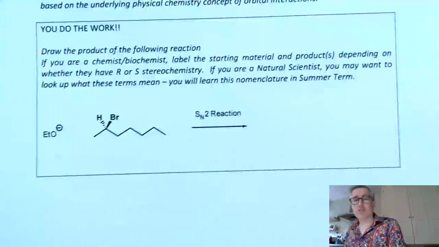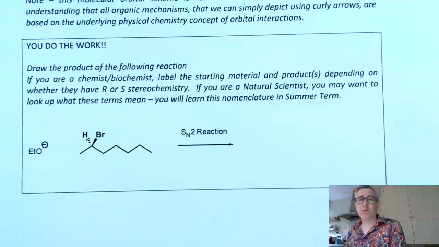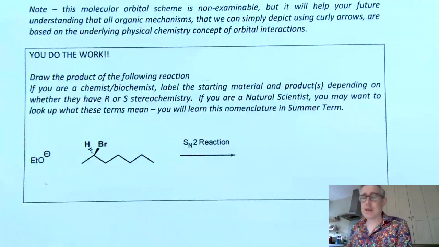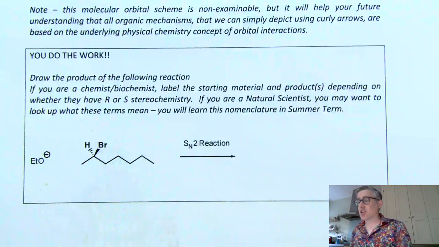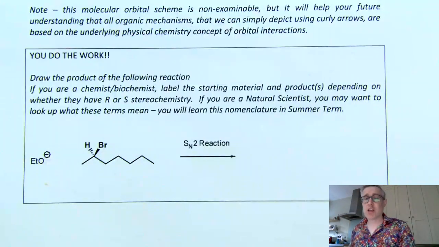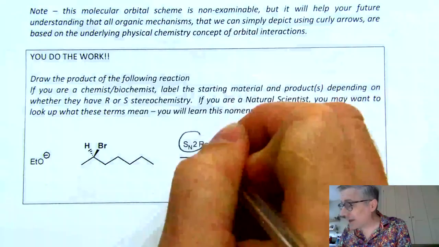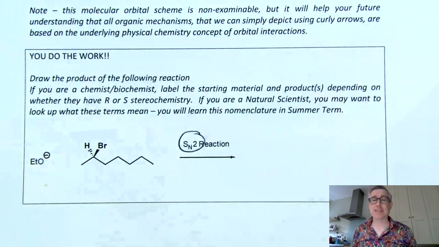The final bit of this screencast is a you do the work. And it's a relatively simple one. Think about this reaction. Try and draw the product of the following reaction, assuming that it goes by an SN2 mechanism.